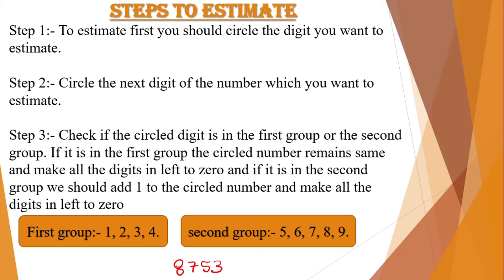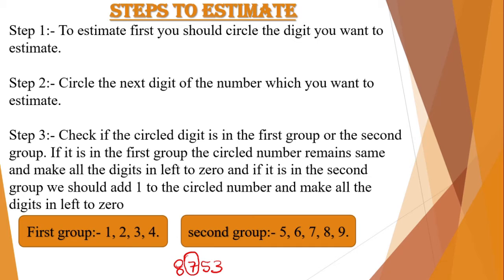So we should check the place value. Should we estimate to the nearest 100 or 1000? We should check that first. Here, let's take a random place value, 100. So now I'm circling 7. Why? Because we want to estimate to the nearest 100, and 7 here is in the 100's place value. So only we will circle 7.